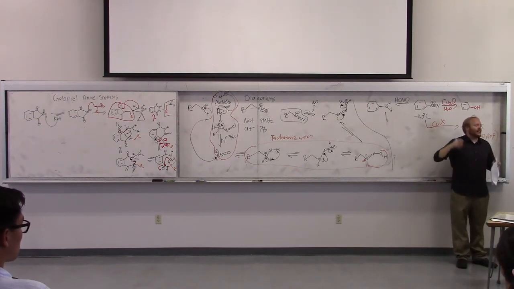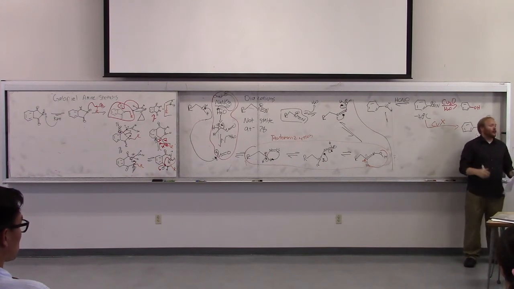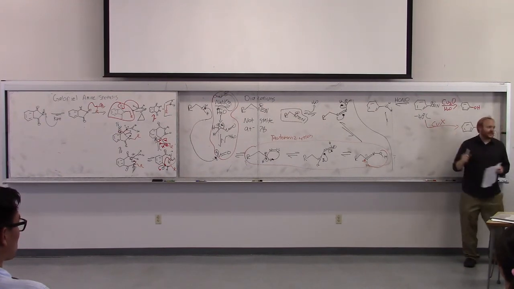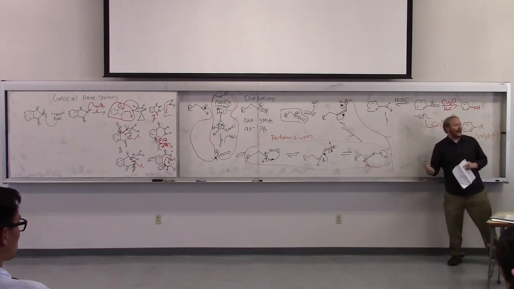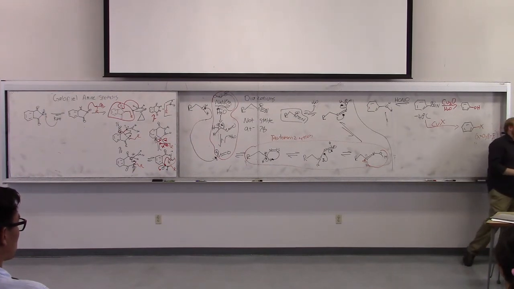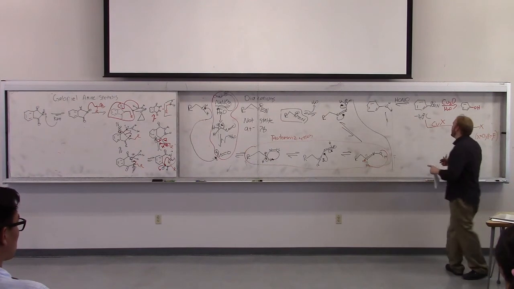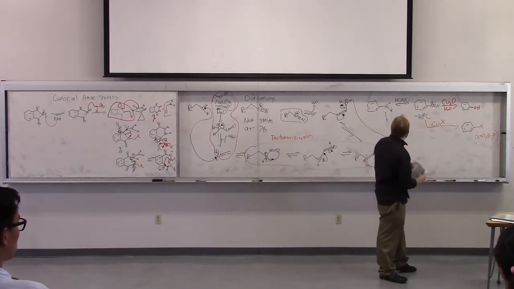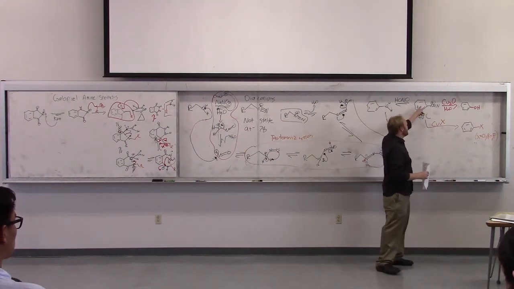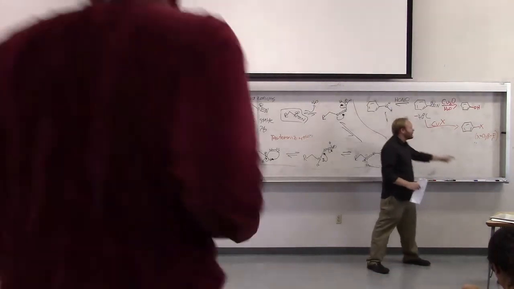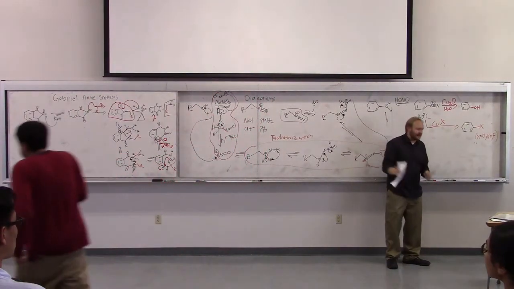So if you want to have complete and utter control over your regioselectivity to make an aryl chloride or aryl bromide or aryl iodide, this is the way to go because it's going to be direct. Where your nitrogen was in the aniline is where your halide is going to be in the product. So, you know, it might not be as easy to run, and it might give you a very unstable, possibly expensive intermediate. It will give you complete regioselectivity, and that's nothing to shake your fist at.